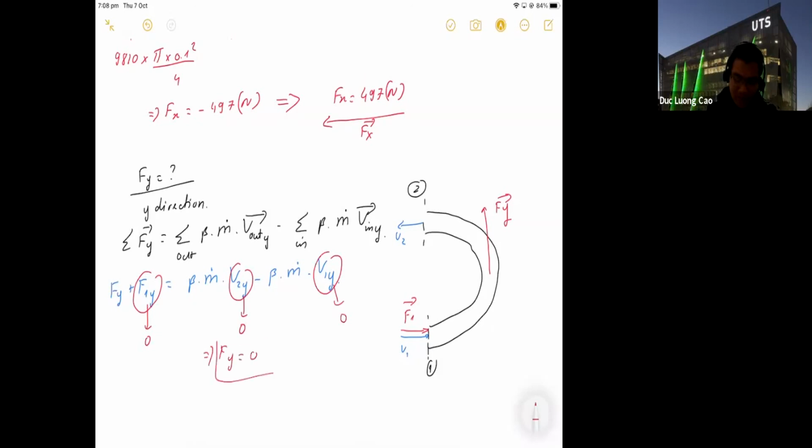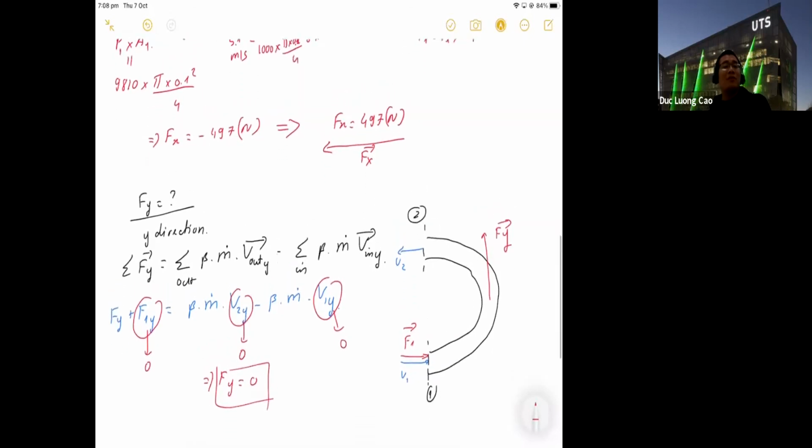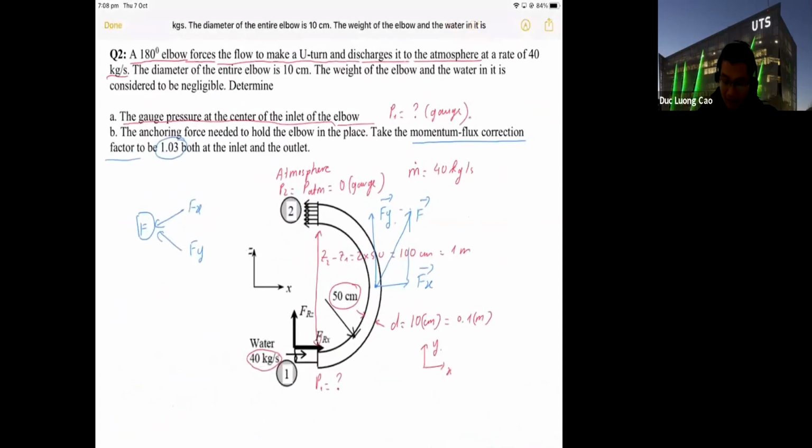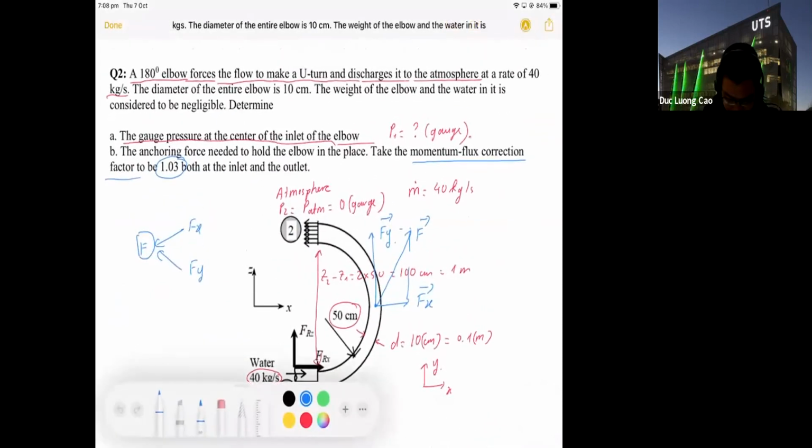Yes, Fy is 0. So it means the force is in x direction. Okay, it means now here in this one, not this one.